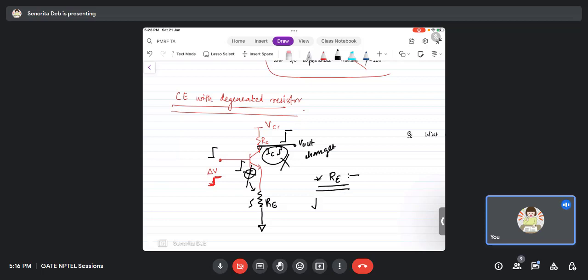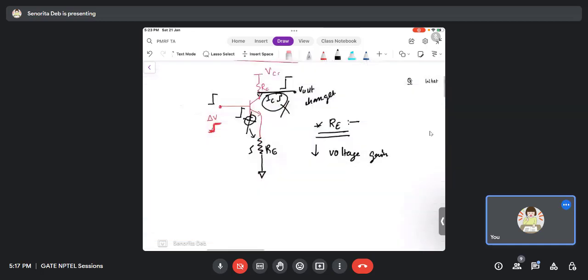So it reduces voltage gain, but it increases stability and linearity, which is very important. Linearity means whatever you put in input and output, you should get the same thing, similar thing. So how much of input is getting replicated back at output with the gain. Okay, so it decreases voltage gain but increases stability and linearity.